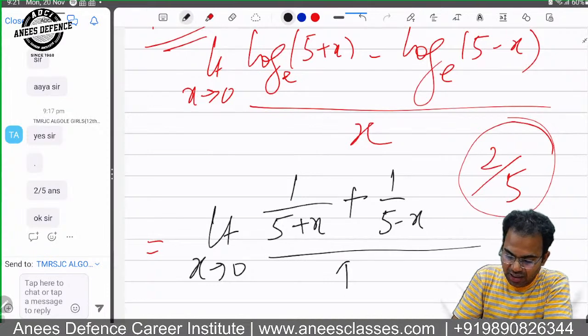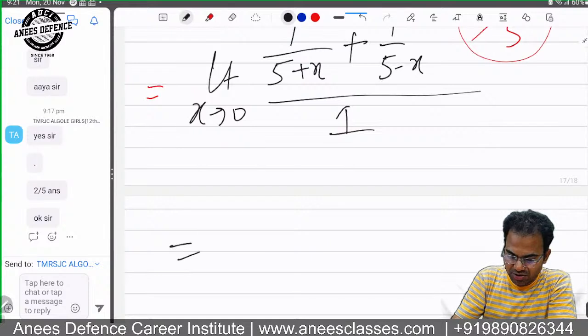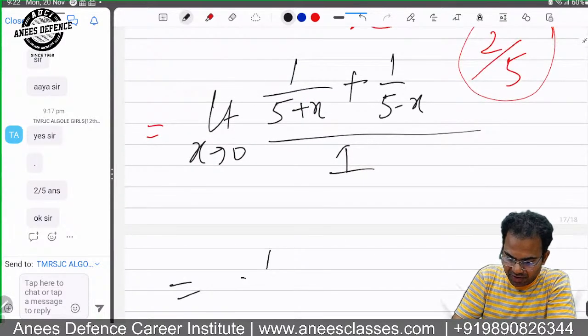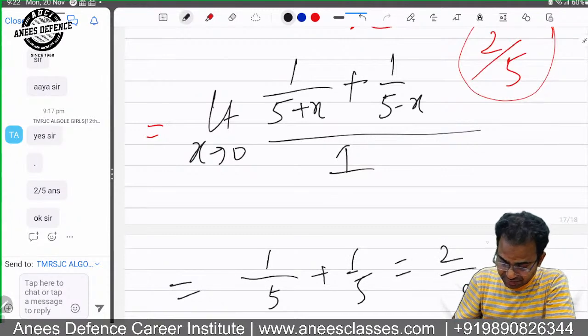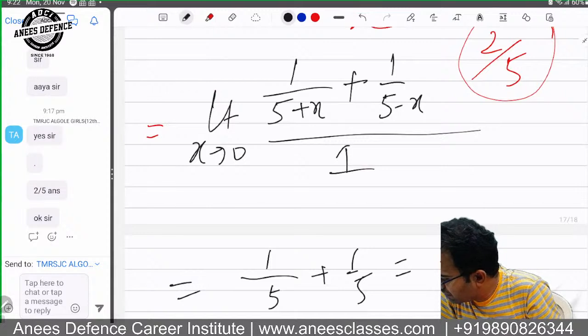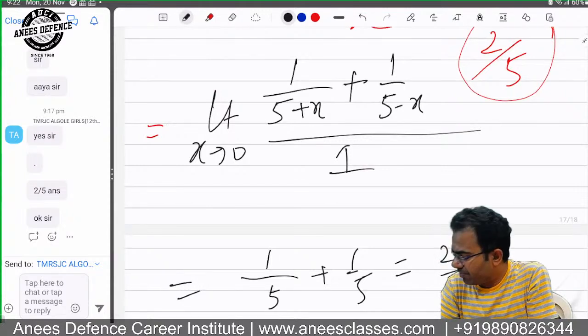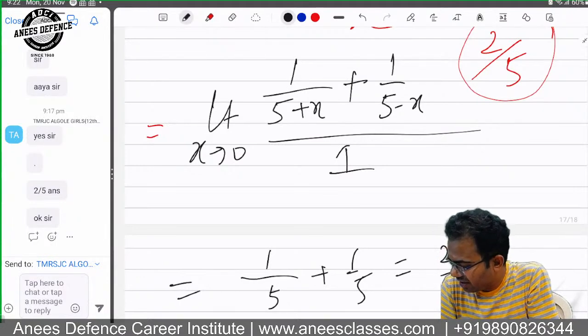In the denominator, differentiation is 1. Now we'll put 0 in place of x, so it will be 1 by 5 plus 1 by 5. You will get 2 by 5. Log is continuous, so the limit will always exist.